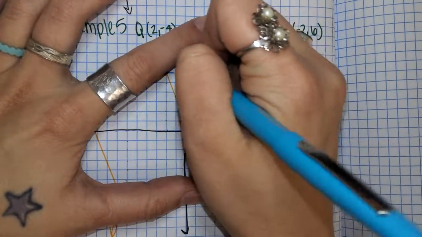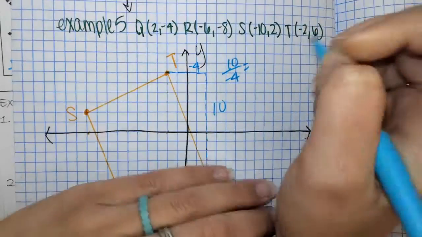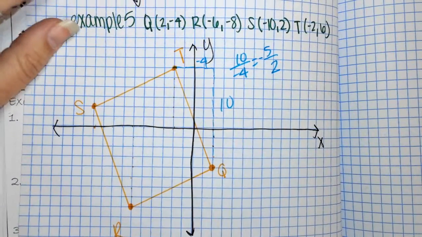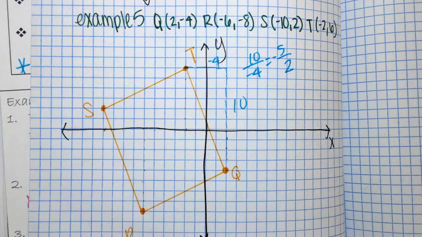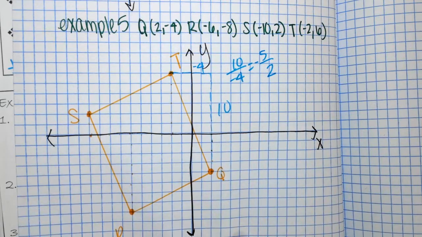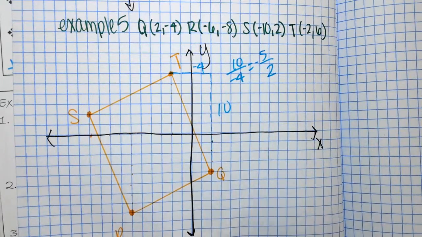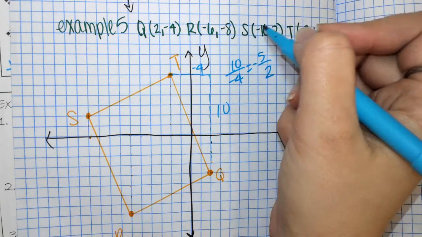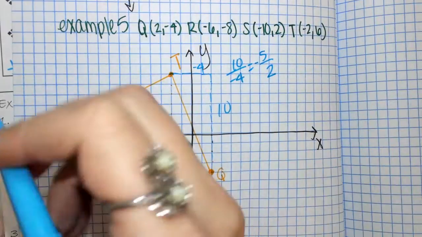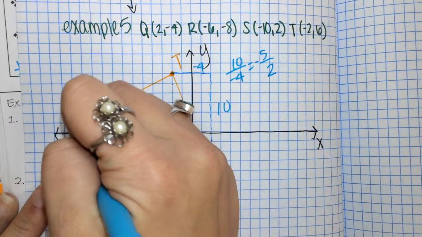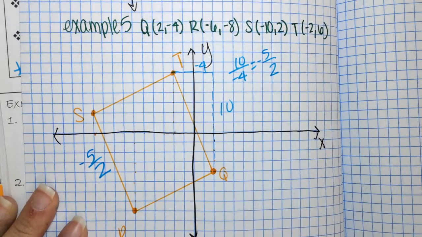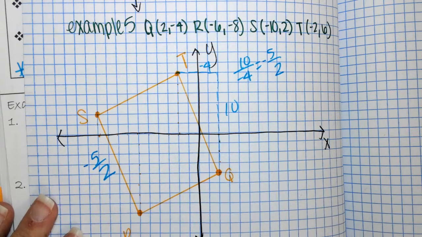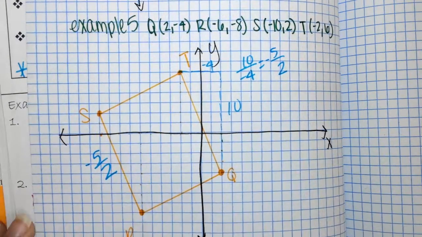So 10, negative 4, which reduces to what? Negative 5 halves. Alright, do the same thing for R and S. Let's see if those are parallel. I got the same thing. Did y'all get the same thing?